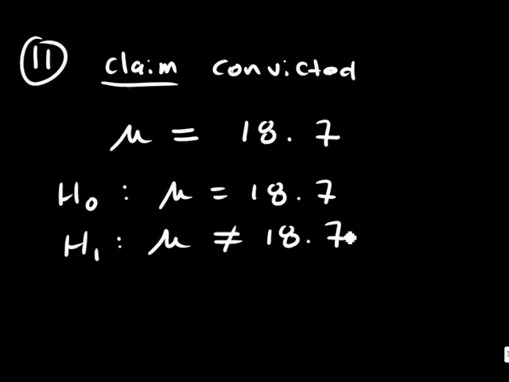Looking at the alternate hypothesis, we notice that it's not equal, which means we have a two-tail test.